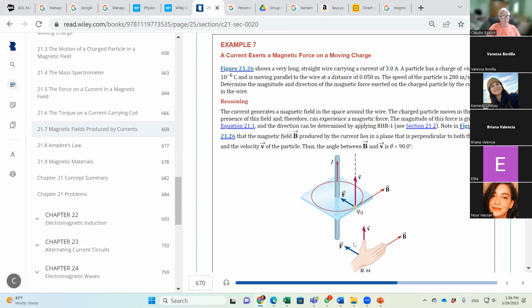But it's moving, tangent to the wire. At this very moment, the charge is moving along this magnetic field line, so the force is going to be zero. But in this specific case, where the charge is moving parallel to the current, the charge is going to undertake a helical motion around the wire.